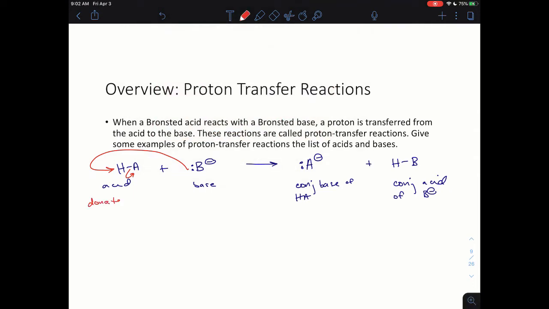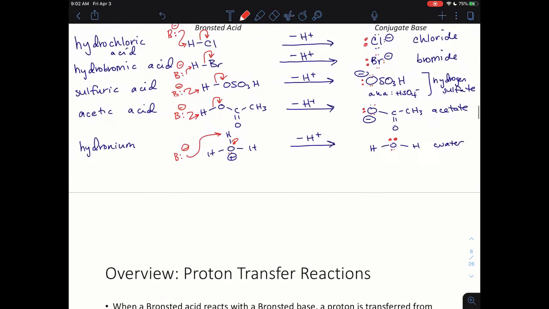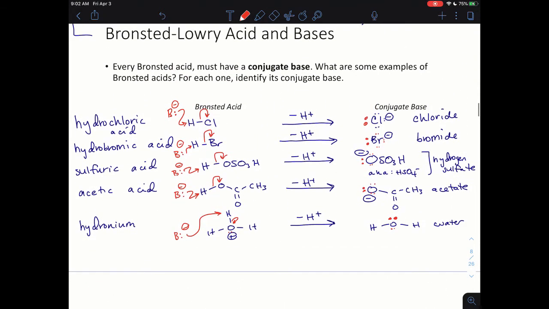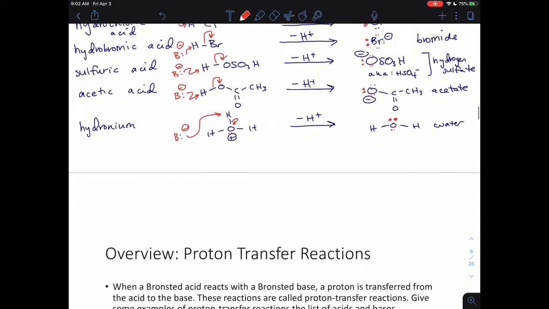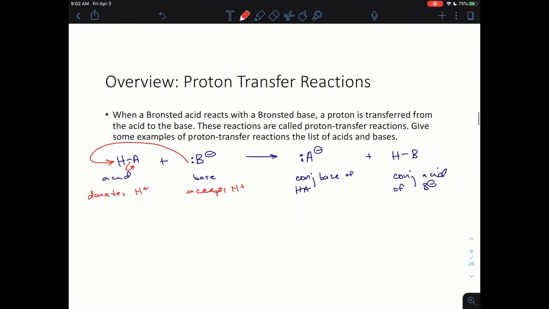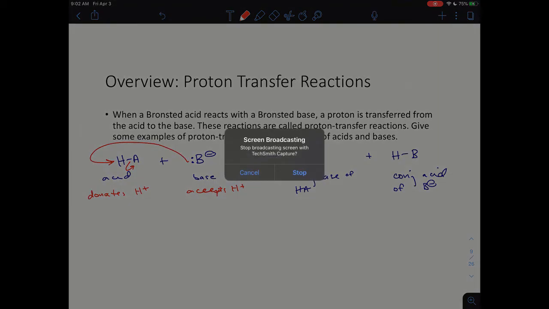Okay, so that's a generic proton transfer reaction. You should go and look at this list that we've generated on the previous slide. So right here, take a look at this list, pick some of these acids and bases, and see if you can write some proton transfer reactions.